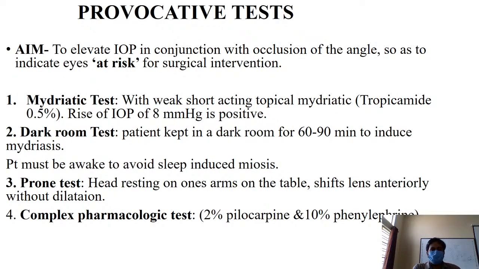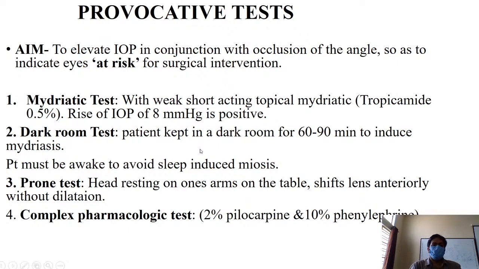There are some tests. These are not done routinely because they are of historical importance. They are not done routinely because they are not so predictable and reproducible. But since it is given in the books, we have to read about them. Okay, so these are nothing but provocative tests.